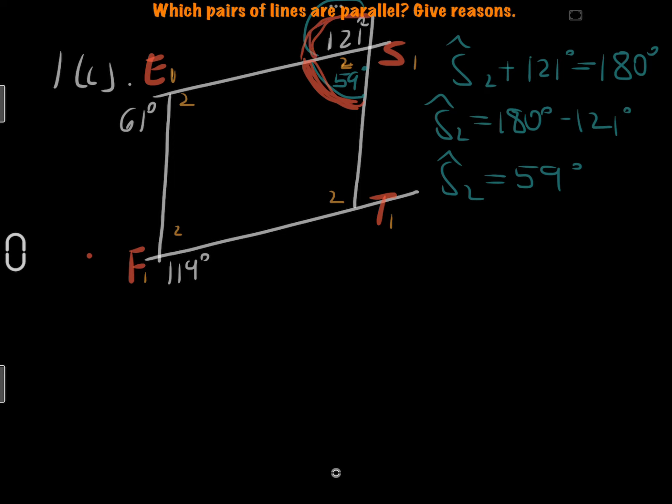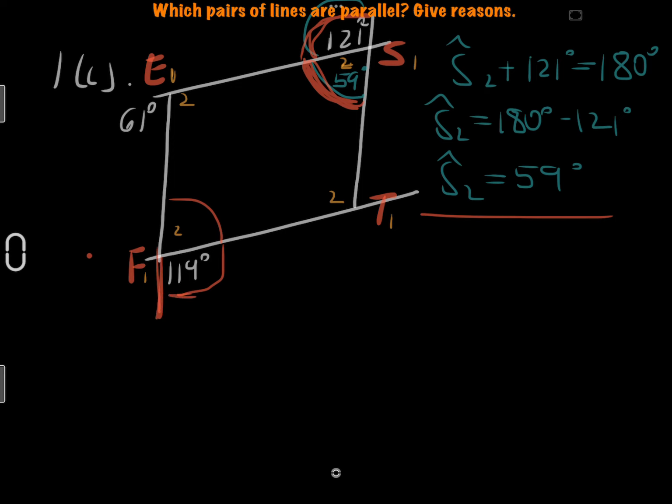Okay, so now we have angle S2. Now moving forward, we need to find other angles, so we can simply use this since we are given the exterior angle here, this angle here.